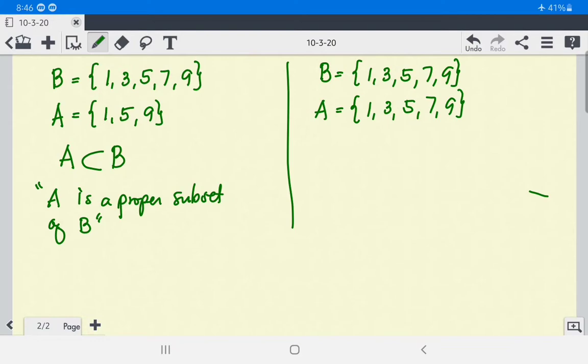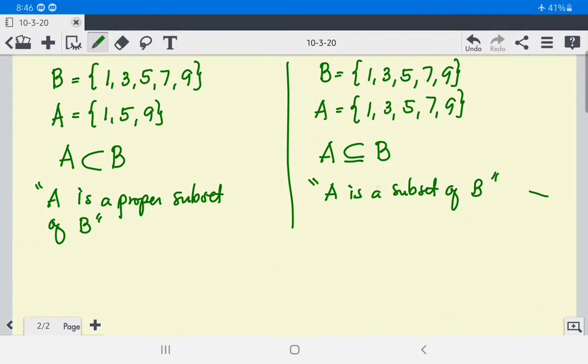So A is a subset of B. Okay, so in symbol, A, this one, is a subset of B. So it looks like an equal sign at the lower part. So here, we read this as A is a subset of B. Okay, so that is in symbol.